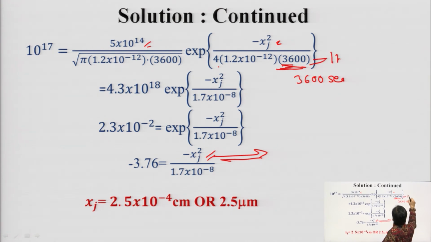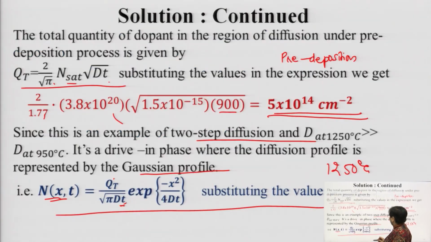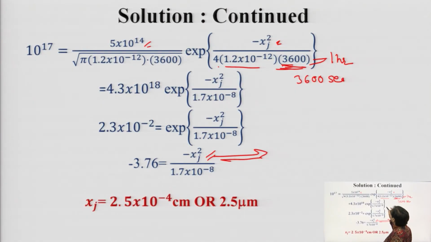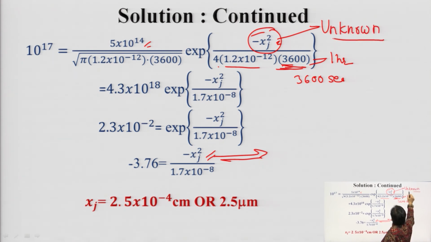This is representing 1 hour. So, this is the value of d. The equation has 4dt. The d value is given to us, the t value is available with us, and xj square is the only unknown parameter. We have calculated the value, it comes out to be 2.5 micrometer.